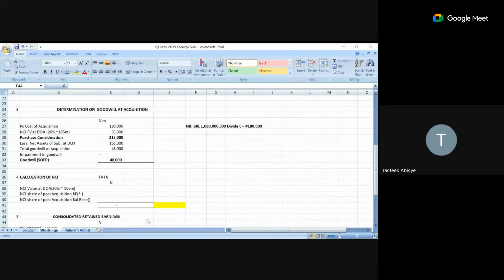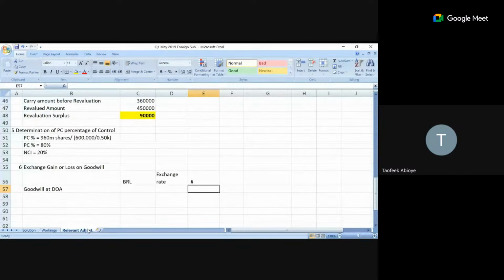How much is our goodwill? This goodwill is 48,000, abi, in Naira. So now, this is what we are going to do. Relevant adjustment 48,000. Now, what is the exchange rate at DOA? The exchange rate at DOA is 6.